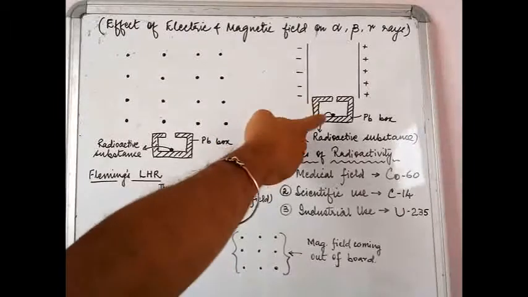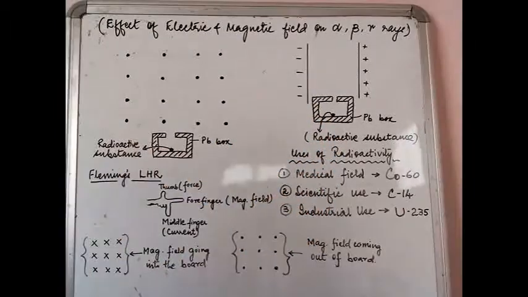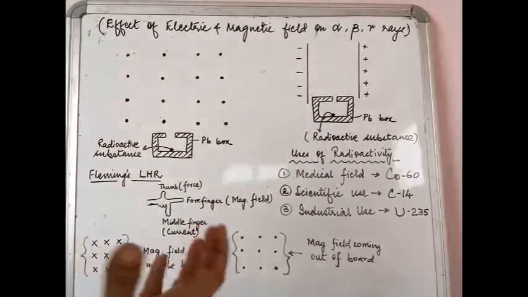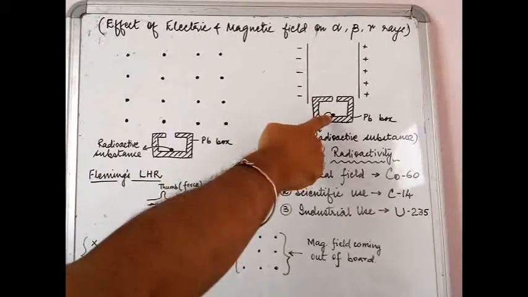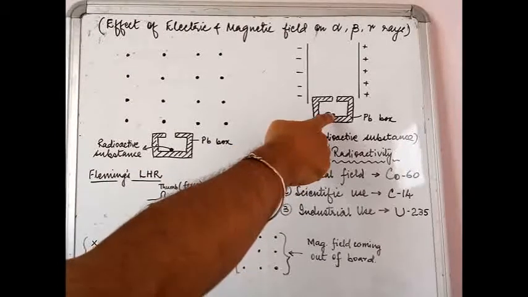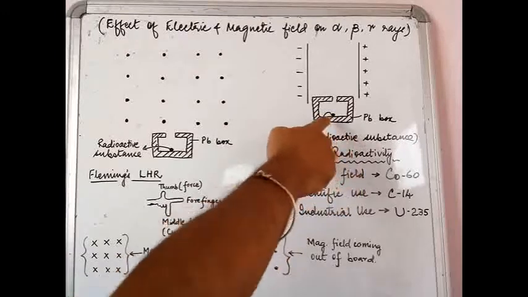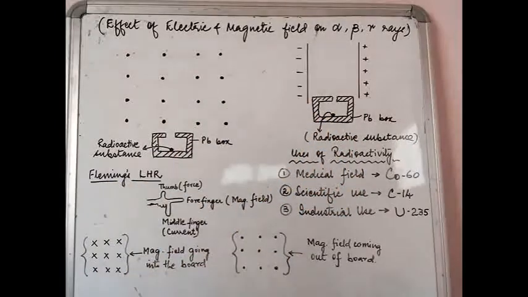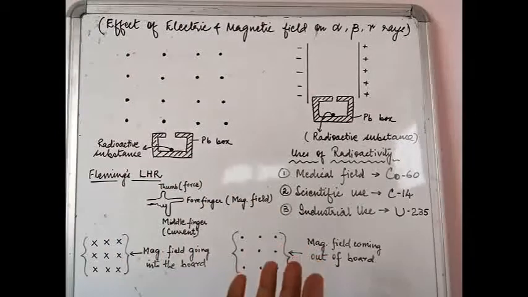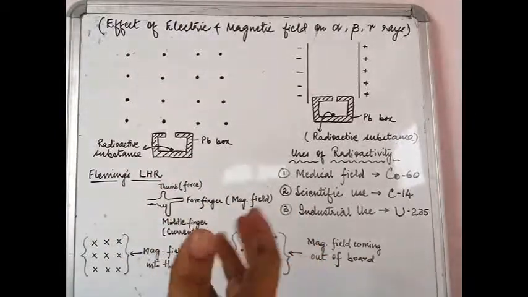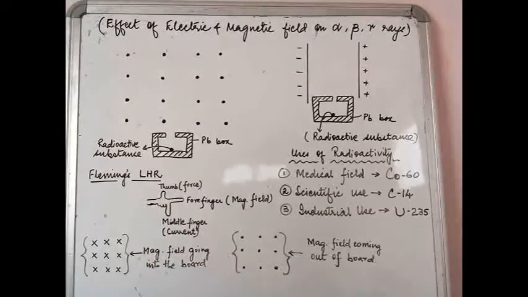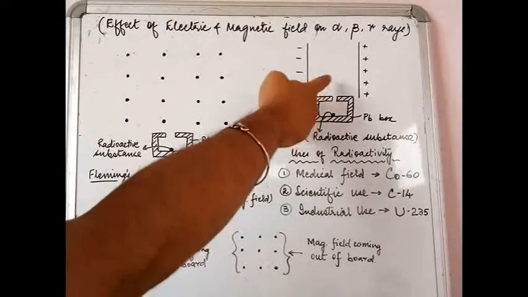So essentially what we are trying to do in this particular setup is we have kept a small radioactive substance. As you can see over here, this is labeled radioactive substance, kept in the lead box. So obviously, since it is radioactive, we will assume that it will give out radiations. Okay, so alpha, beta, gamma, for the time being, if we assume that all three rays are going to come out, where are they going to come out from? Obviously they are going to come out through this opening.